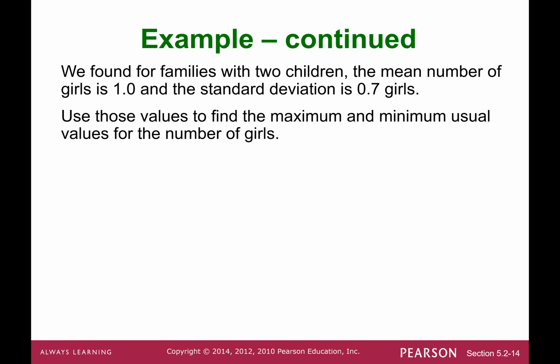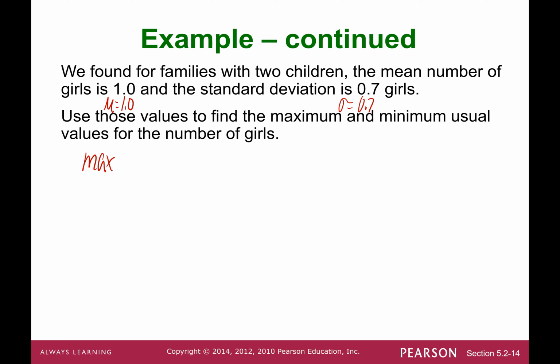And we find for families with 2 children, the mean number of girls is 1, the standard deviation is 0.7. So mu equals 1.0, standard deviation equals 0.7. So that's given.